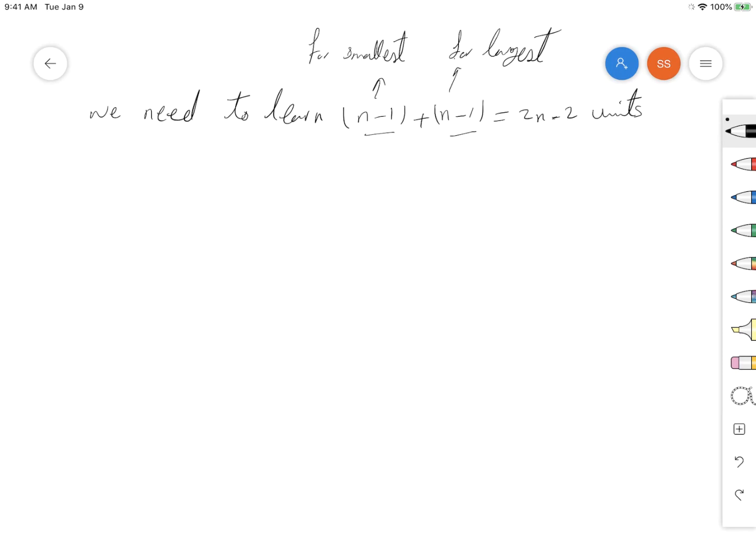And because we have n numbers, at first all of the numbers have the unknown status, then we have n divided by 2 comparisons to give us the information.